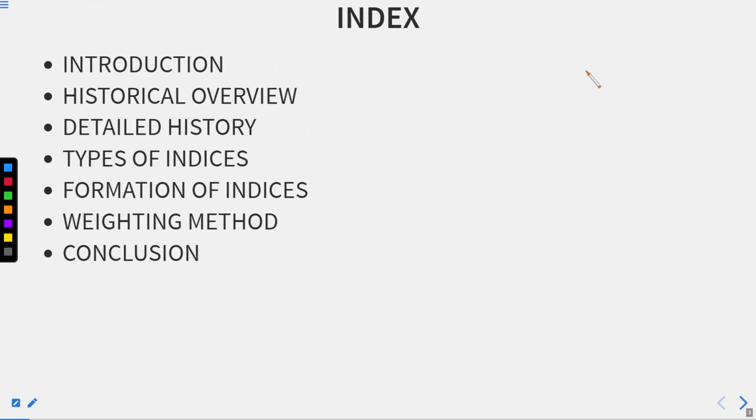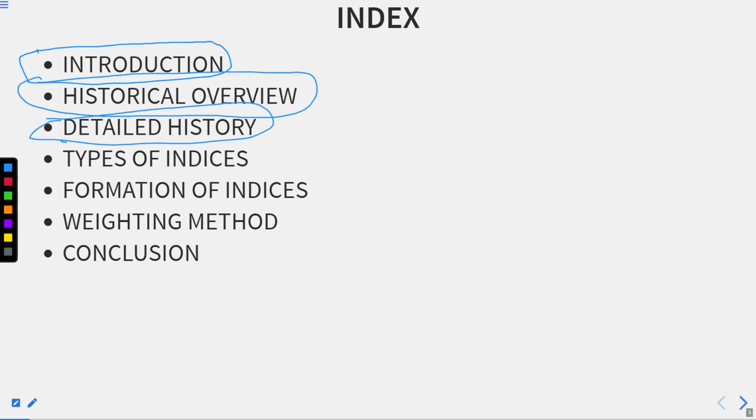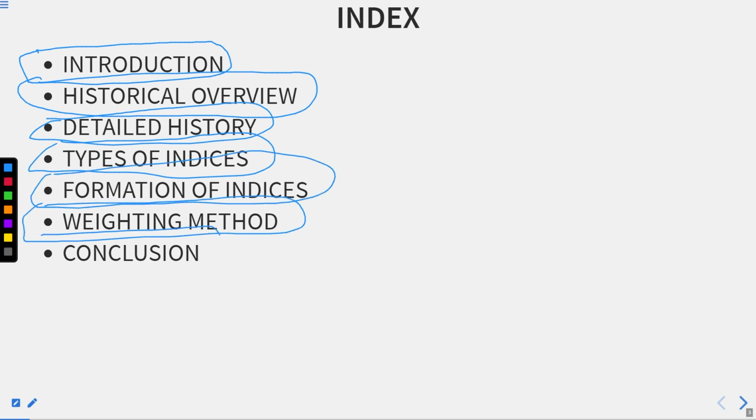And these are the topics we have scheduled for discussion under this particular series. We will start with the introduction part. Okay. Historical overview, detailed history, types of indexes, formation of indexes, weighting method, and the conclusion. Alright. That is what we are going to cover.